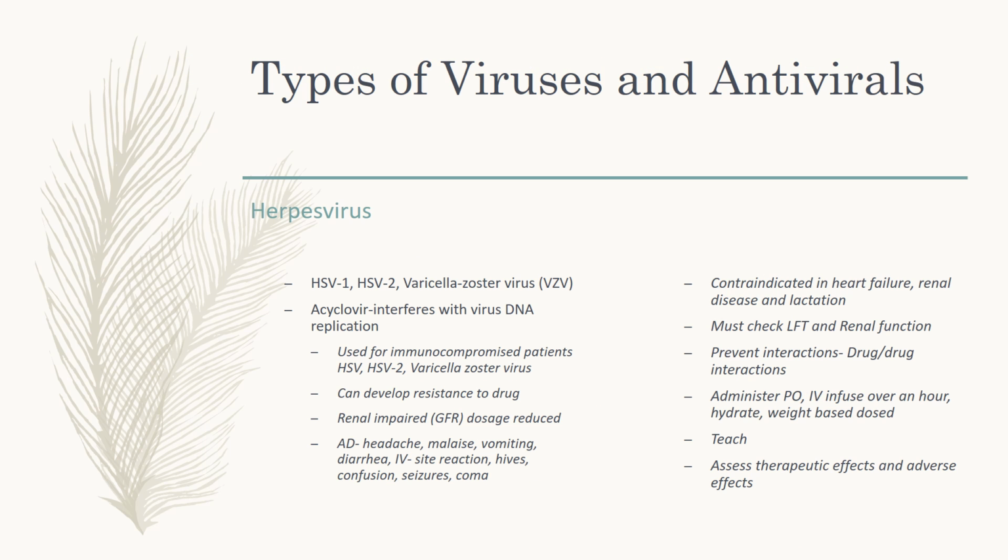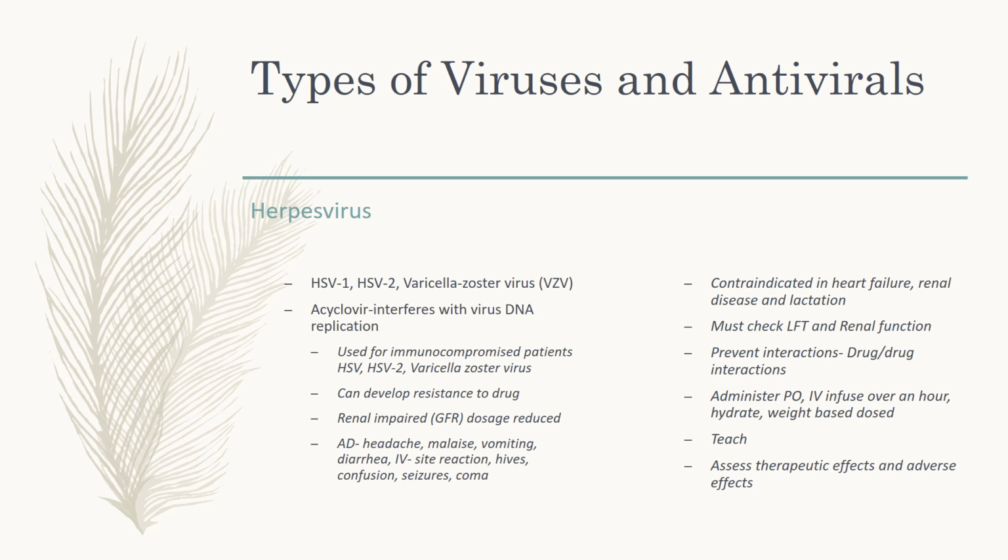So types of viruses and antivirals, we have the herpes virus, the herpes simplex virus 1 and 2. 1 is our simple fever blisters, 2 is our genital warts. Then we have the varicella zoster virus, which is shingles.